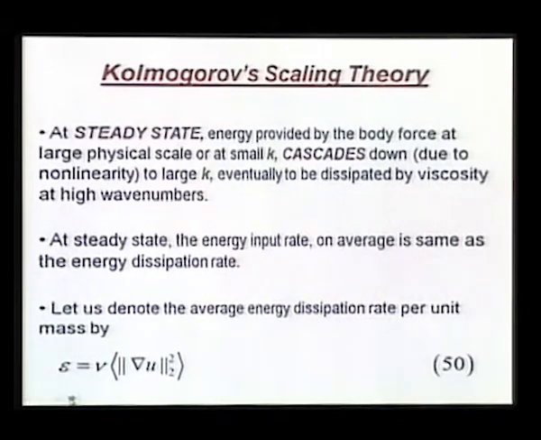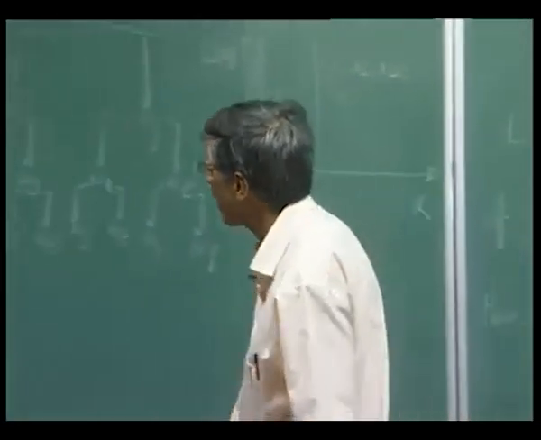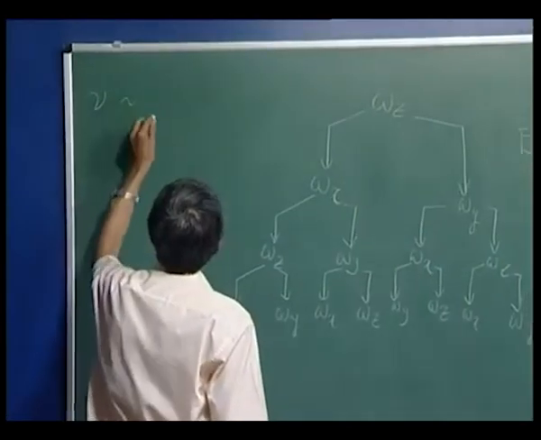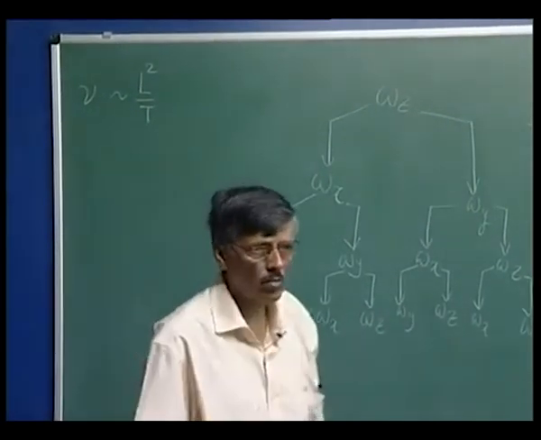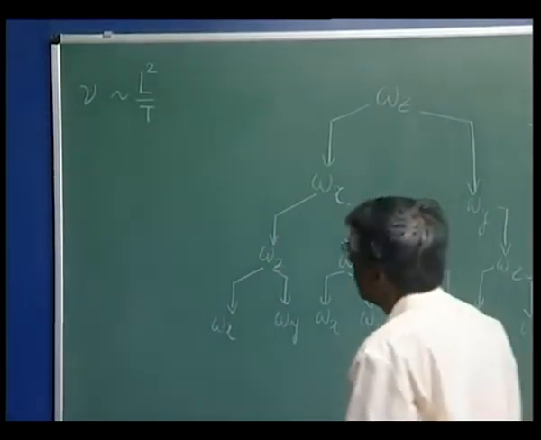Now, let us look at the average energy dissipation that we have seen, nu times gradient u square, right. So, what happens? We can find out its dimension. Nu has a dimension of L square by T, right. Now, what about grad u?